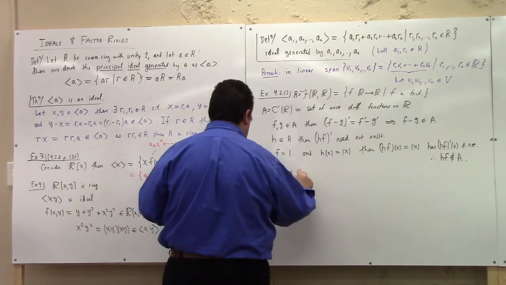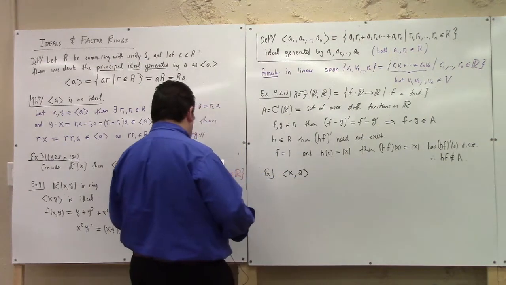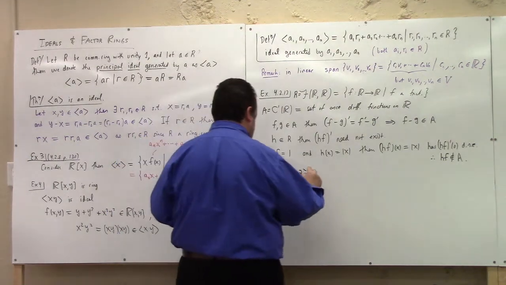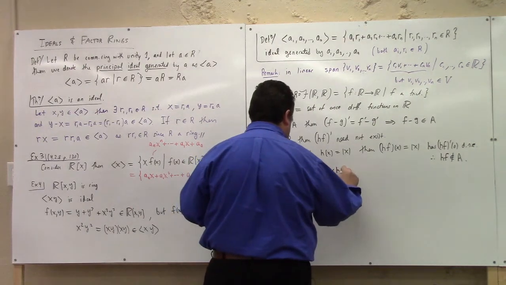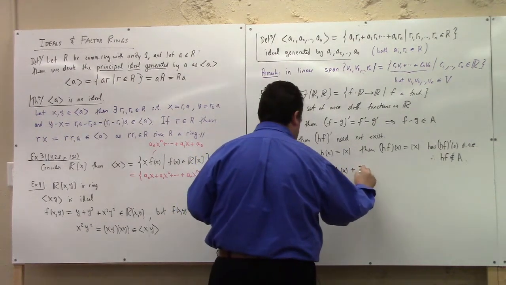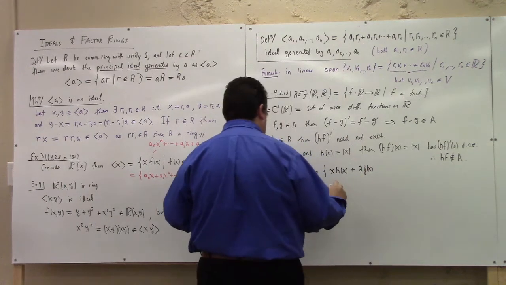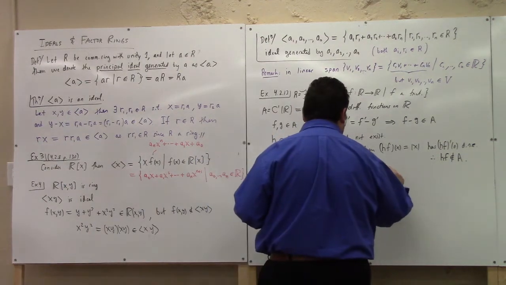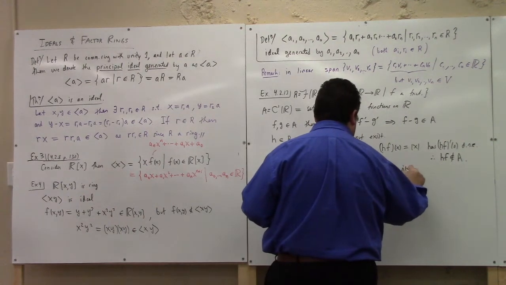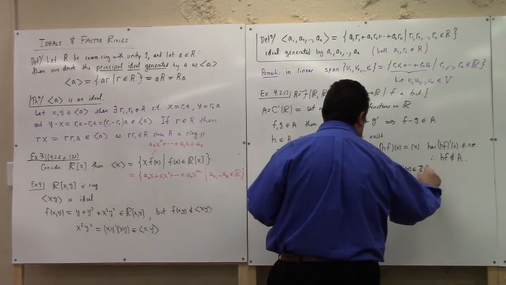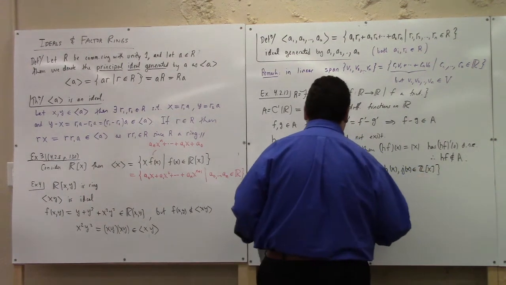All right. Oh, I also gave, right before that, the example where I looked at the ideal generated by x and 2. Right? And so basically that's things of the form x times h of x plus 2 times j of x, where the ring here was Z[x], polynomials with integer coefficients.